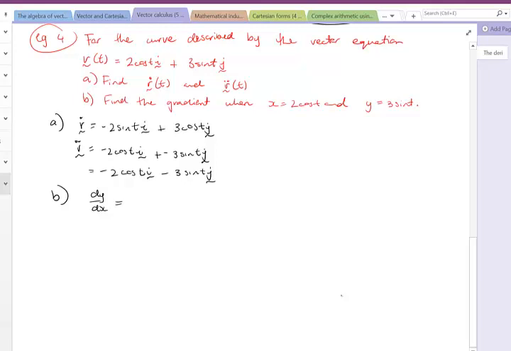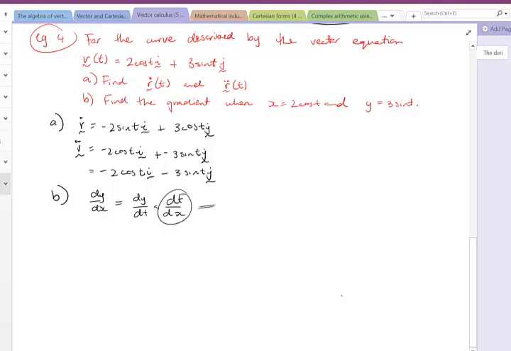Now, if we split this, we have dy and dx, but we need a common value in between that relates them both. So in this case, it's going to be dt. So it's still technically dy dx, and the dt's would cancel out, but we're going to use their individual component values.